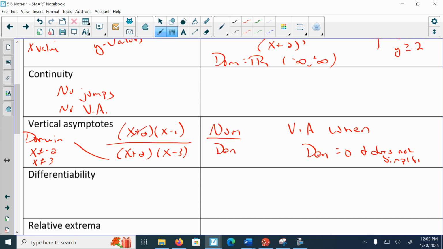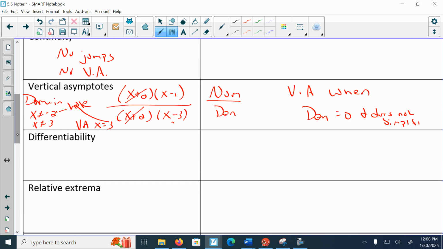But since this factor cancels out, remember that makes a hole, so not a vertical asymptote. Since this one does not simplify out, the vertical asymptote would be x equals 3. And then remember, we learned how to find the hole. We would substitute negative 2 back into what was left, and then we would find the place of the hole.